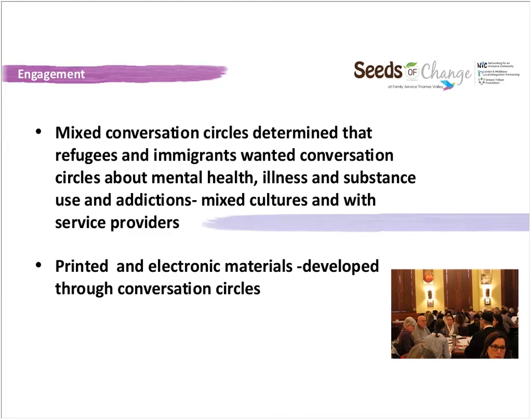The other piece that they wanted, and I didn't include it in this slide, was that they wanted to continue with the conversation circles. We had them facilitated by a mental health or addiction professional or another service provider who works with refugees and immigrants, and a person with lived experience in terms of being a refugee and immigrant.